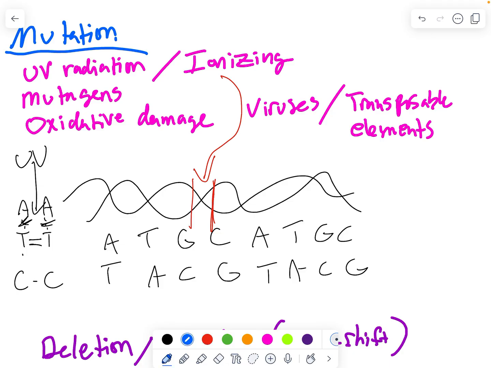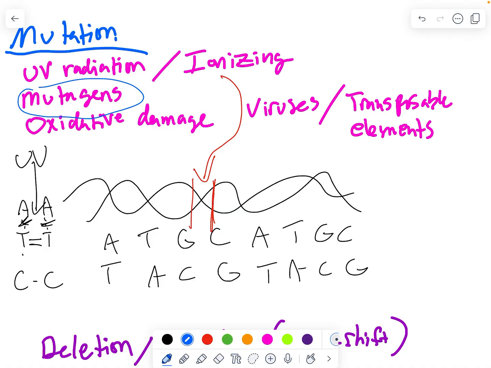And then we have all kinds of things that we call mutagens. And a mutagen is just an environmental circumstance or an environmental compound that increases the likelihood of a mistake happening during DNA replication. And there are all kinds of ways that mutagens operate, but one of the easiest ways to think about it is that mutagens will change how our bases interact with each other or how they behave.